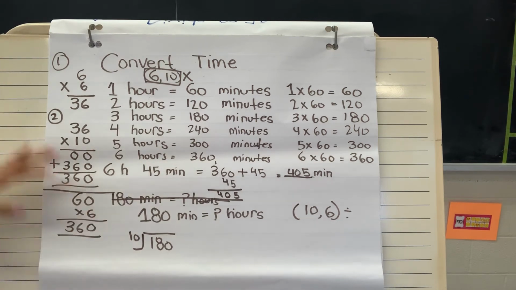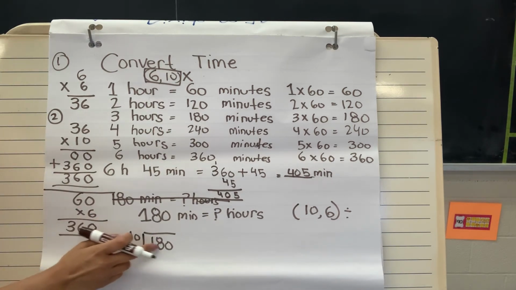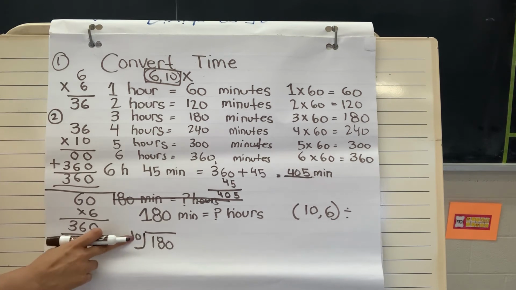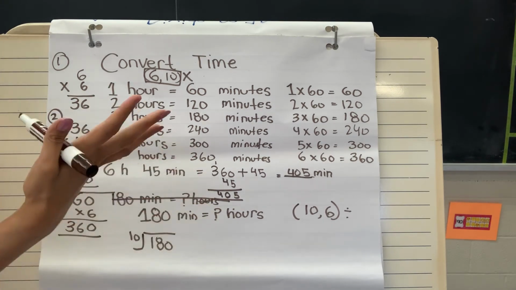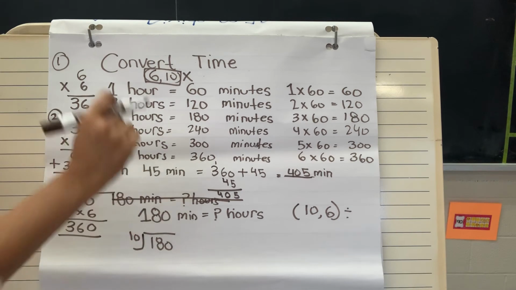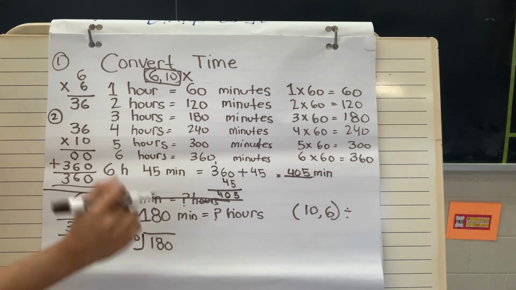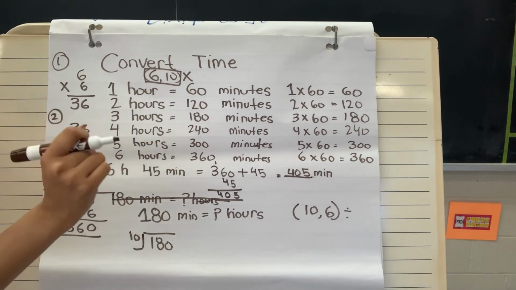So if you remember your division, we are going to divide 180 by 10. In the 10 times table, we need to find a number that is either 18 or close to 18.